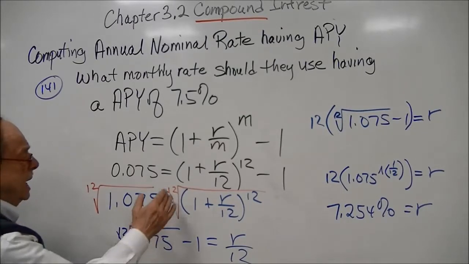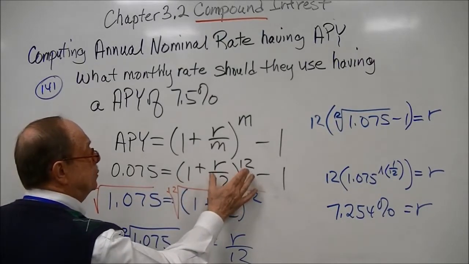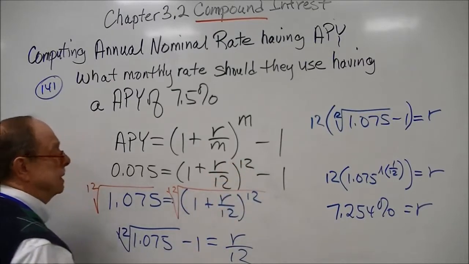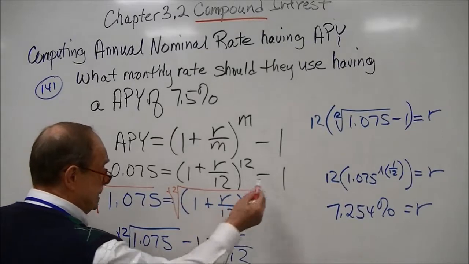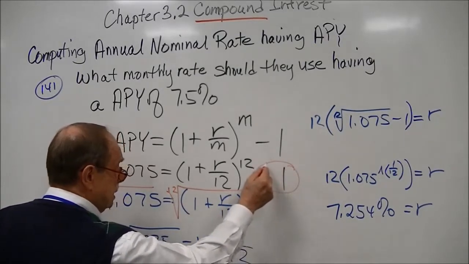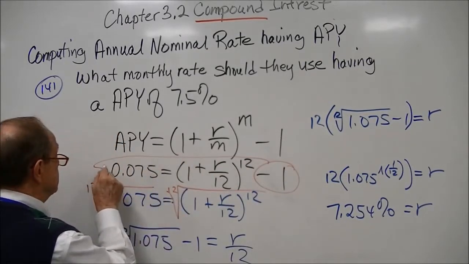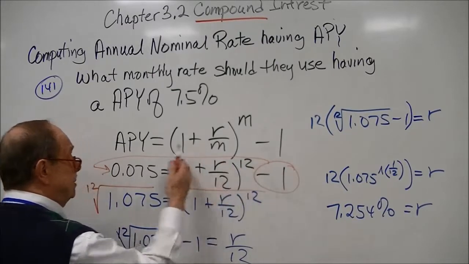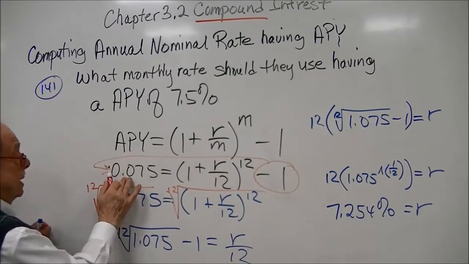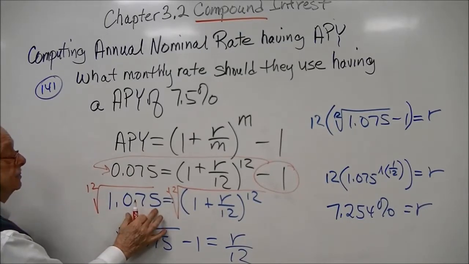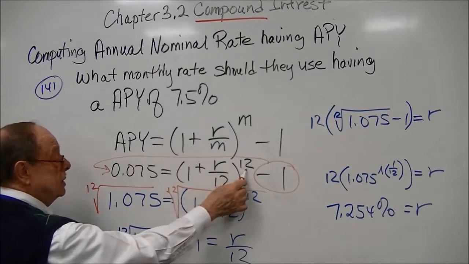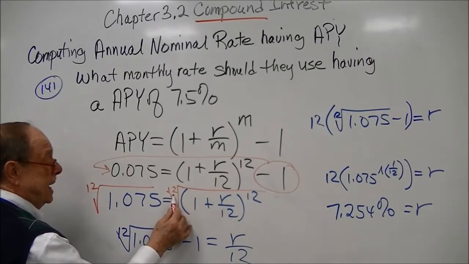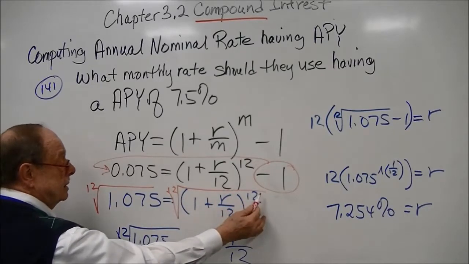Now again, whenever we have something that's raised to the 12th power, we have to do something special. But the first thing we're going to do is take this -1, transport it to this other side. On this side, it becomes a +1, and we add it to that. And now this step. We're going to take whatever number's there, put that as the index number in our radical sign.